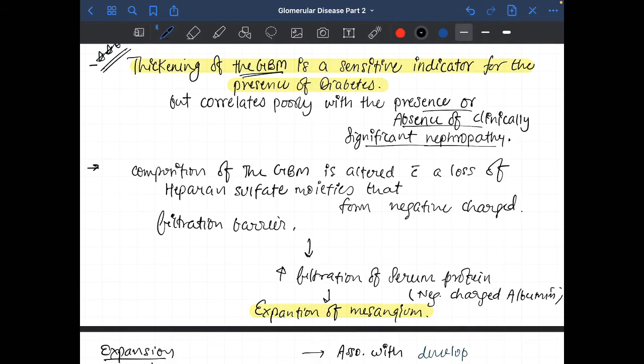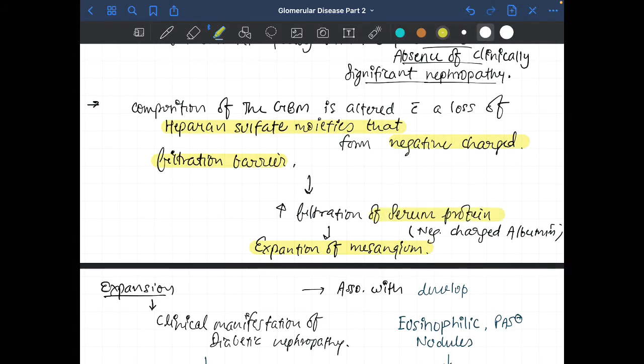The composition of the GBM is altered with a loss of, very important, heparan sulfate moieties. These heparan sulfate moieties form the negative charge filtration barrier, and their loss will increase the filtration of serum protein and cause expansion of the mesangium.